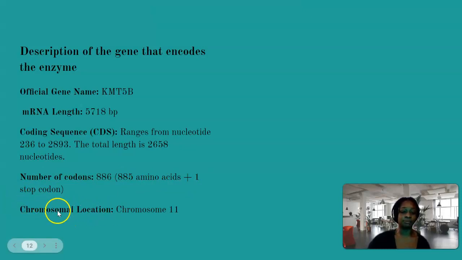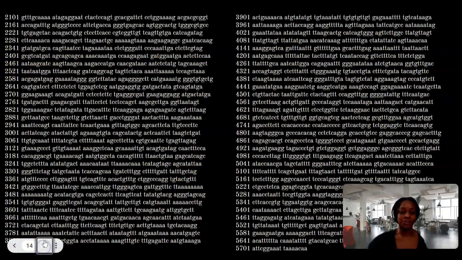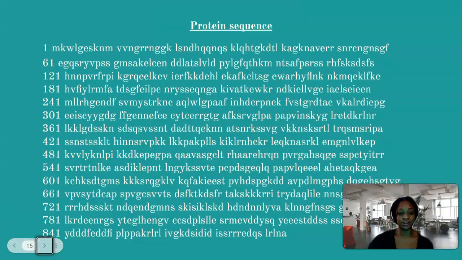And we know that this gene is located on chromosome 11. Now, as I said, the sequence here is very long, so I have it listed out here on two separate slides. And just to highlight the protein sequence that's located within the enzyme, much shorter, but still quite long.